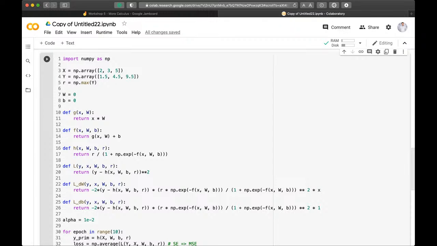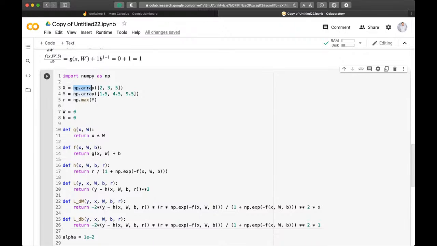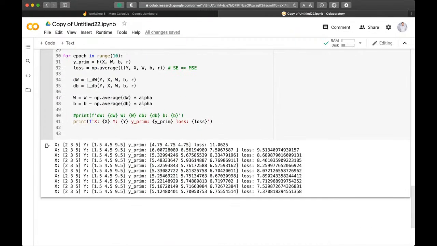Basically, maybe you forgot in the top part to make X an np array. If you don't change it to an np array, then the list will not work automatically with operations like plus and exponents. Otherwise, you can see that it is actually working. The output is getting better because the loss is getting smaller.